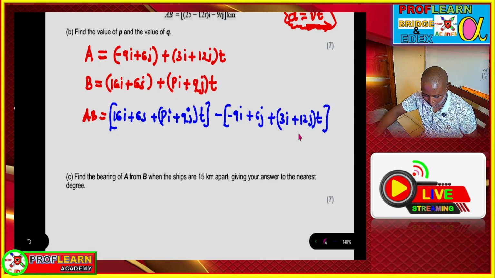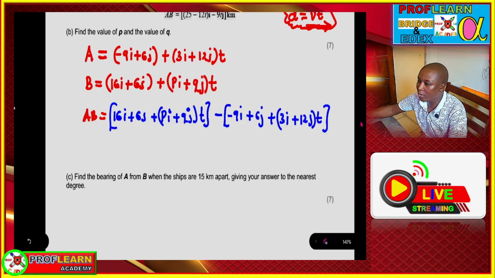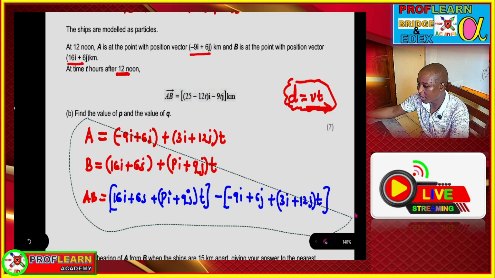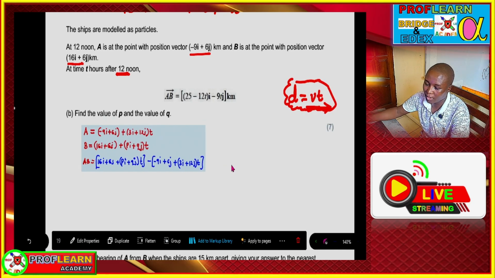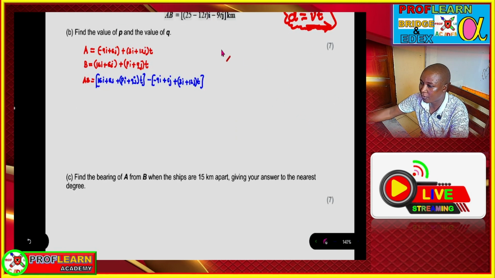So basically that's what we are going to do, and once we do the subtraction we are going to equate it to the expression we were told it equals. I will reduce the font, work out the simplified first expression, and then we are going to solve the two equations.